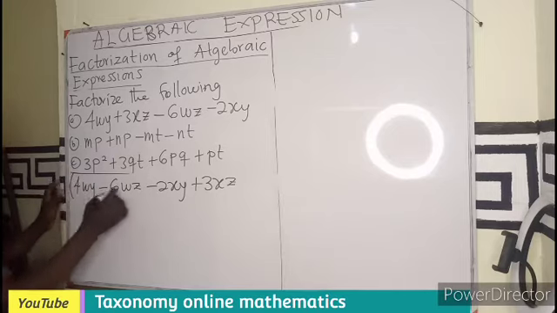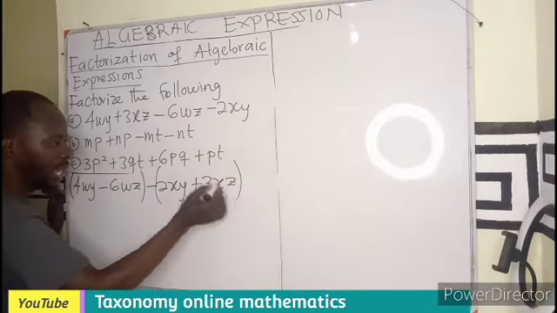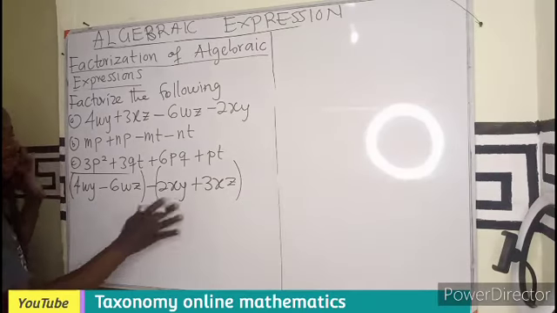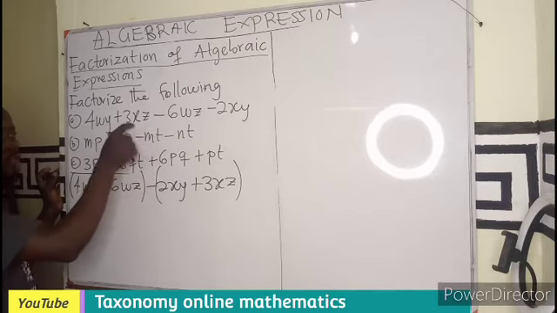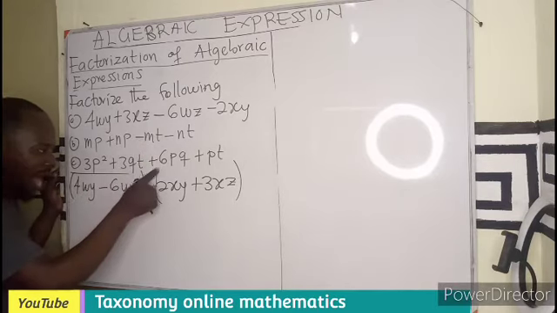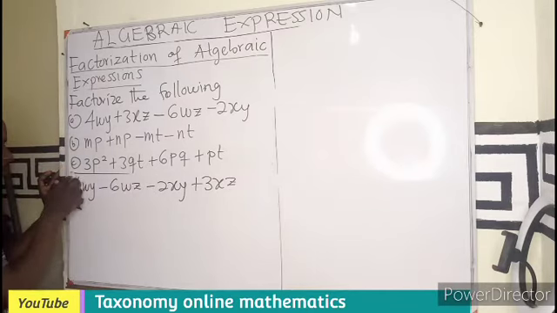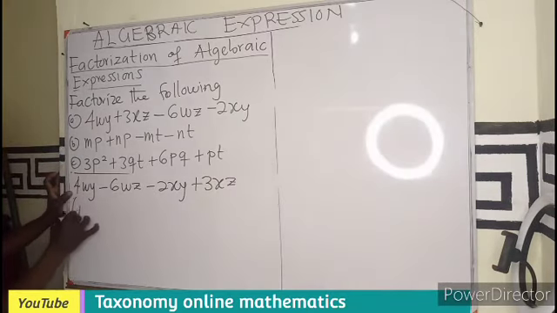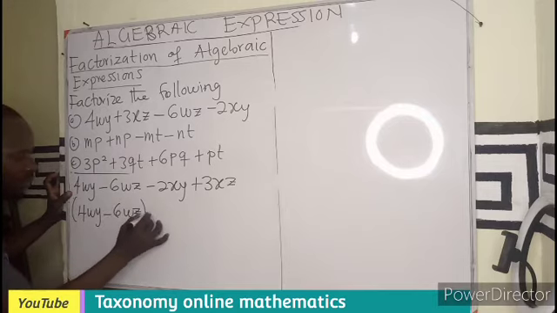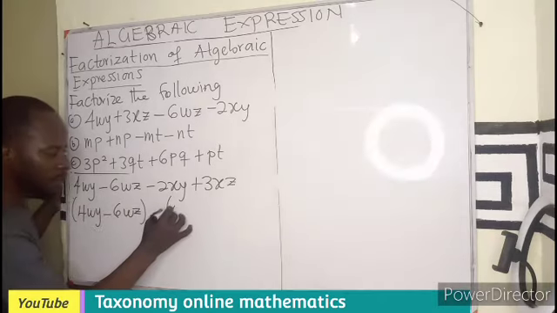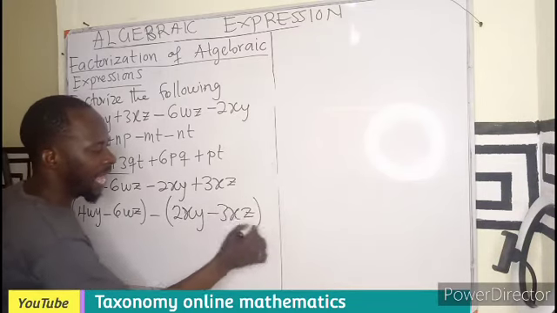So the first 2 in one bracket, the second 2 in another bracket. But if I leave it this way, it means that if I open this bracket, I'll be altering the question. So I have to take care of this in a different way, as in bracket 4WY minus 6WZ, minus into bracket 2XY minus 3XZ.